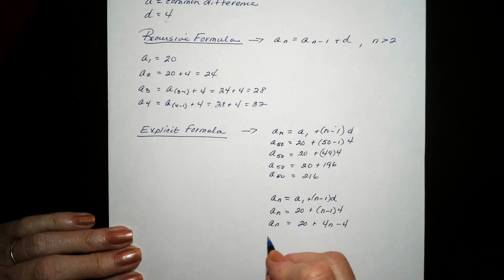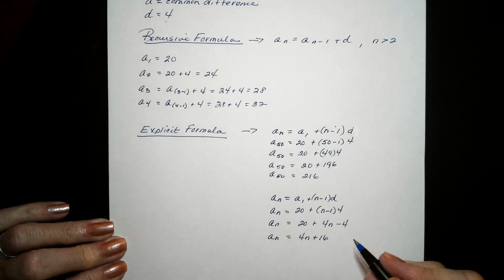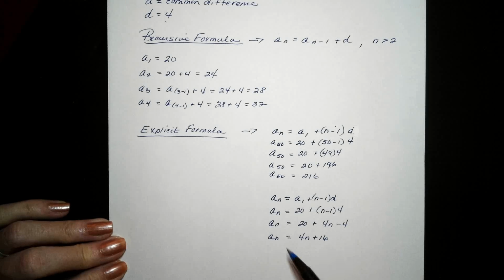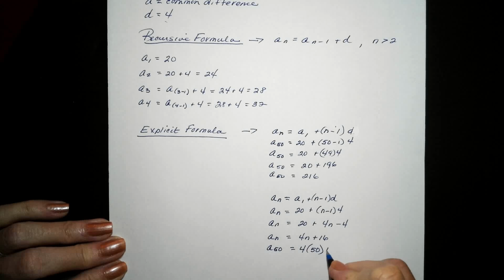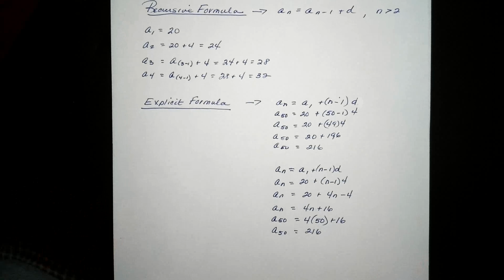Now I'm going to simplify, and I'm going to rewrite it with my variable term in the first position, so that's going to be 4n plus 16. Okay, and this, I can take any value for n, substitute it in here. So here, if I wanted to know the 50th term, I would say 4 times 50 plus 16, which would give me the same thing as I got up here, 216. Either way is acceptable.